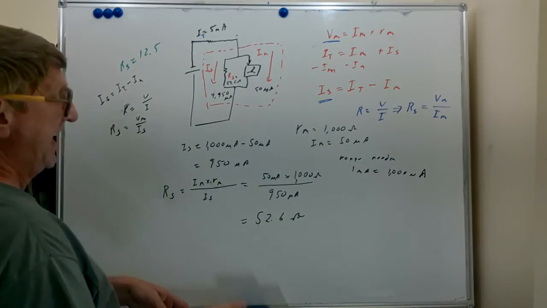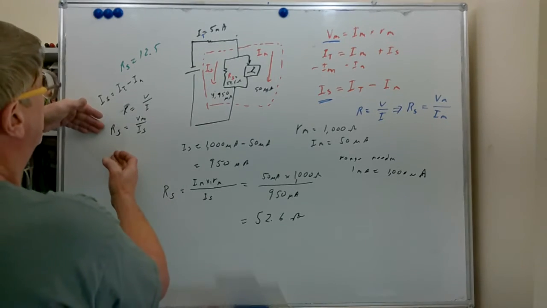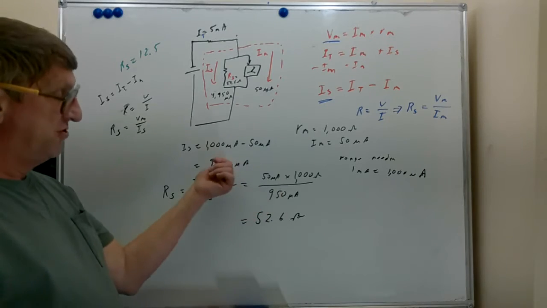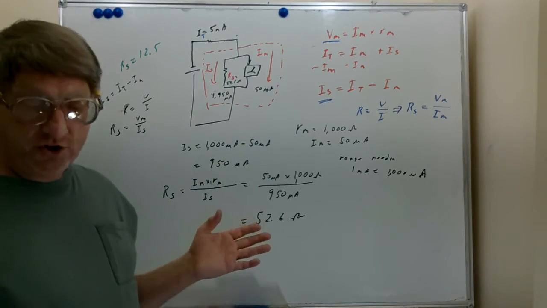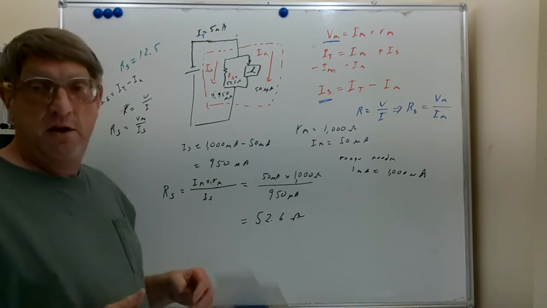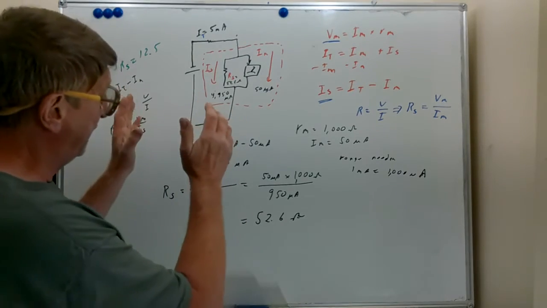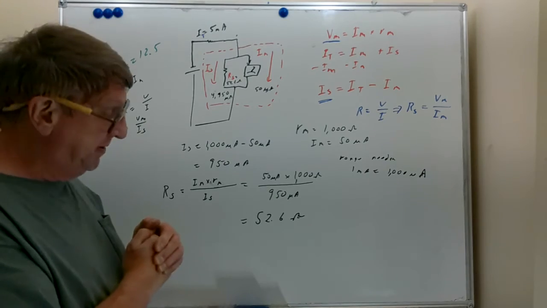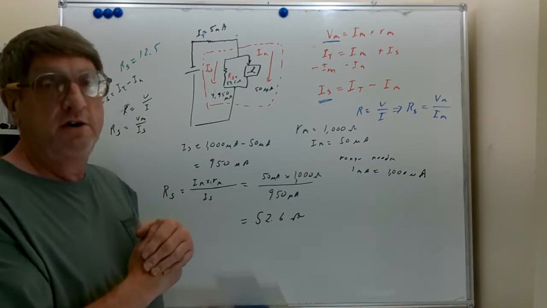And we divided that, using resistance equals voltage divided by current, by the current we need through the shunt. We end up with a 52.6 ohm shunt resistor needed across this 50 microamp meter movement to use it as a current meter.